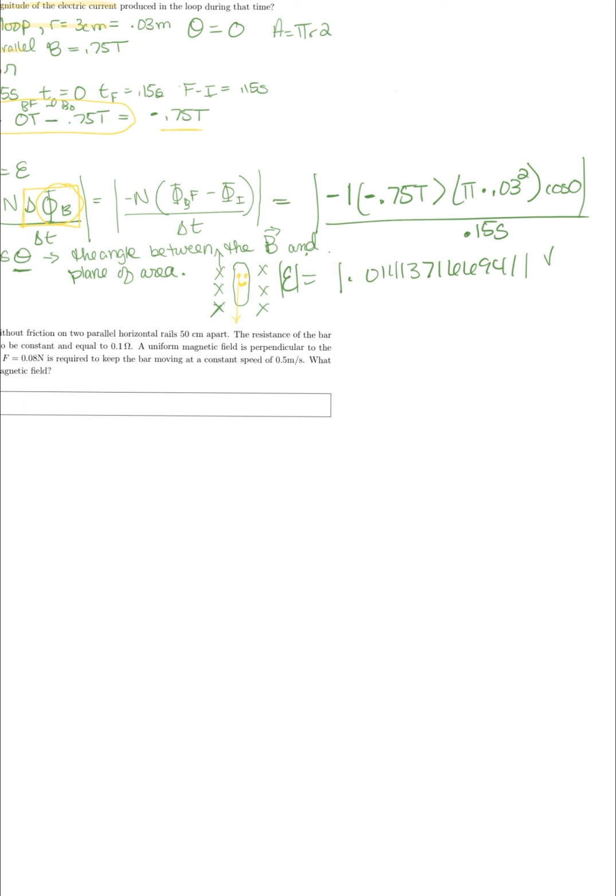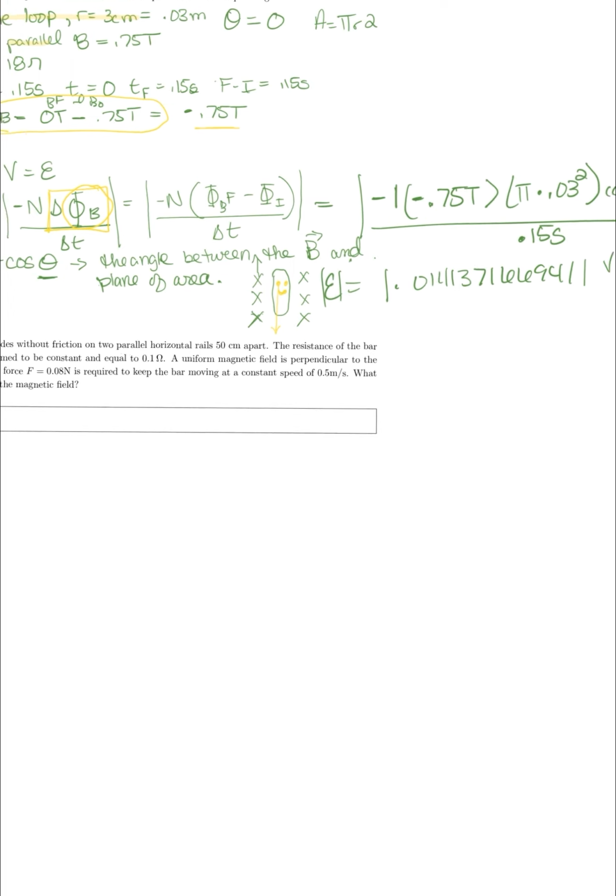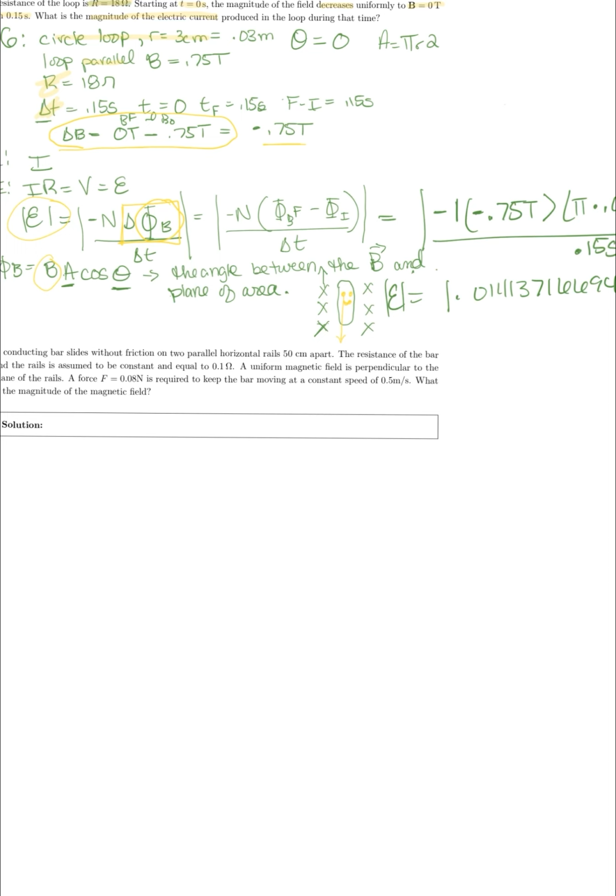That's the equation that we are looking at the relationship between all of these things with. But we don't want EMF. We know that EMF equals the same as current times resistance. So if we take this and divide it by our resistance of 18 ohms, we will have our current. So let's go ahead and do that.